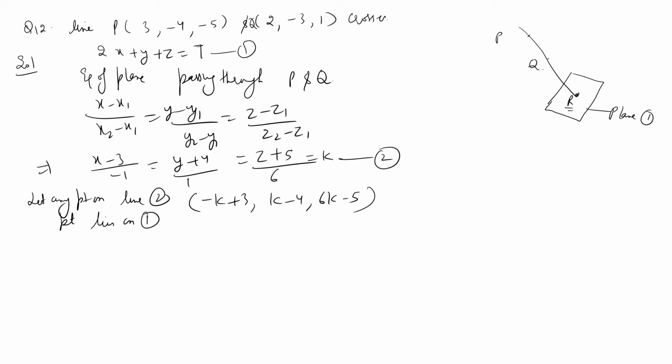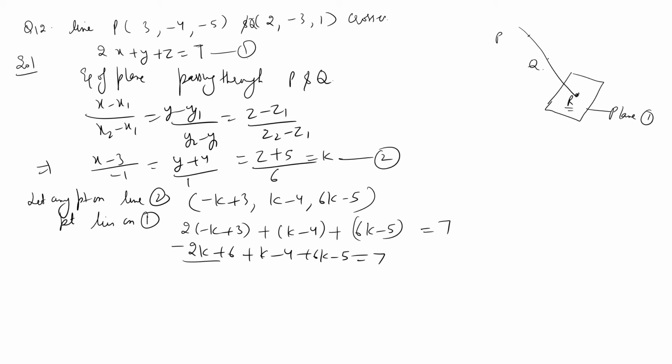So we get 2 into (minus 2k plus 3) minus (k plus 3) plus (k minus 4) plus (6k minus 5) equal to 7. Minus 2k plus 6 plus k minus 4 plus 6k minus 5 equal to 7.